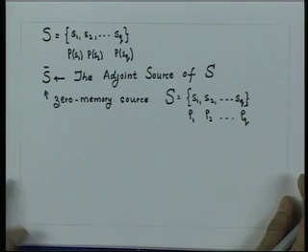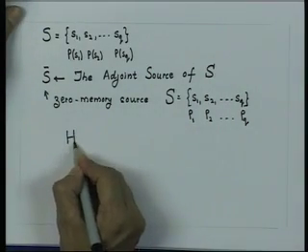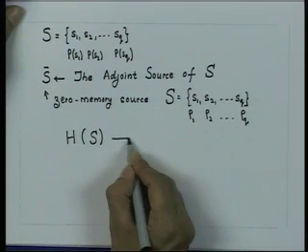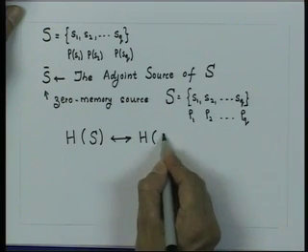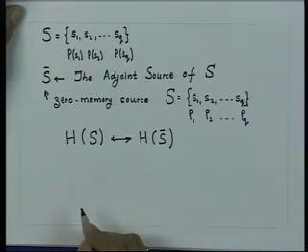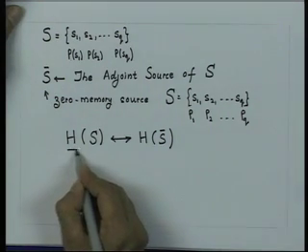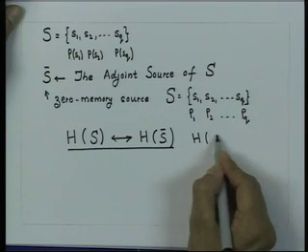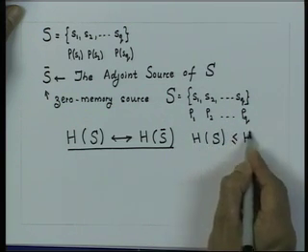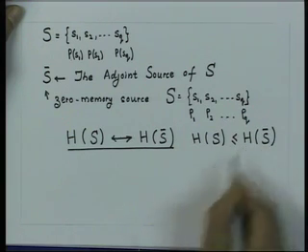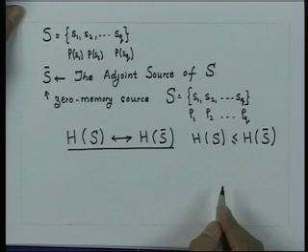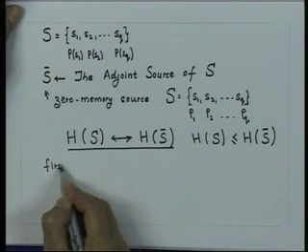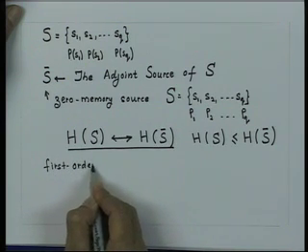Now, we are interested in calculation of the relationship between HS and HS bar. Now, to calculate this relationship, which we said would be something of the form HS is always less than or equal to HS bar, I will assume that my source S is a first order Markov source.